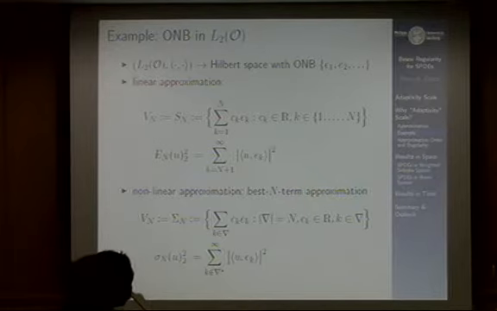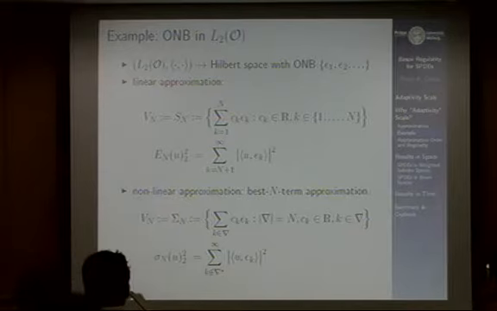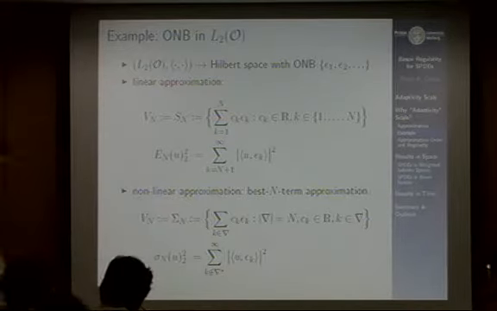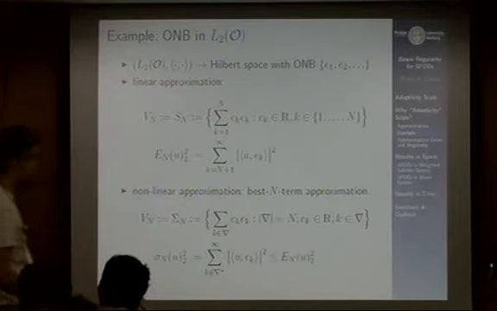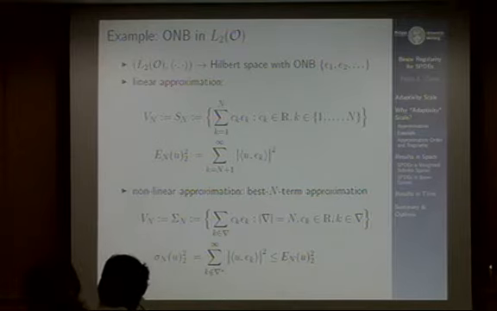So the error we make is given by this, and we can choose Lambda star to be the index set connected to the n elements of our basis where our function has the greatest coefficients. So we are obviously getting something that is less than the error we make in the linear case, where we take just the first n independently of where the high coefficients lie.